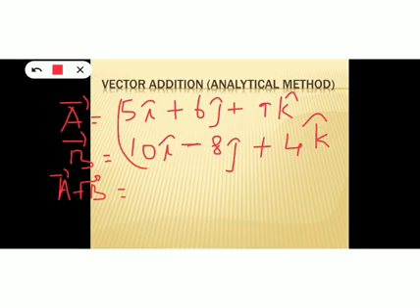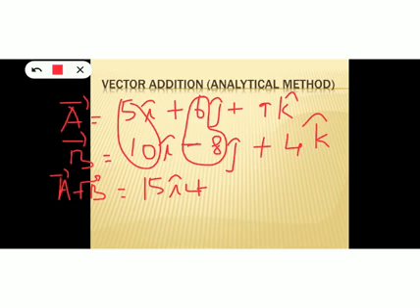A plus B is 5 plus 10, 15i, plus 6 minus 8, because here one component is positive and another component is negative, so we need to subtract. 6 minus 8 is minus 2.